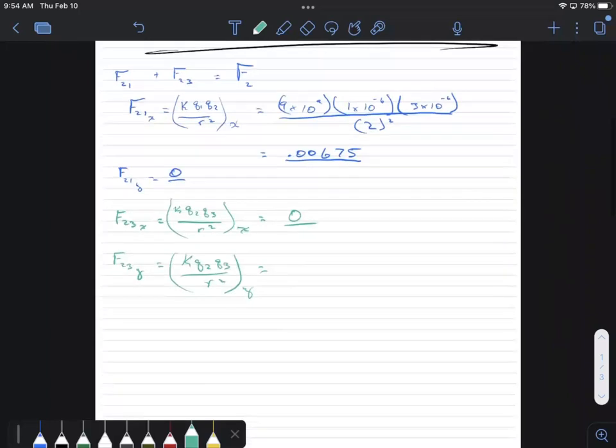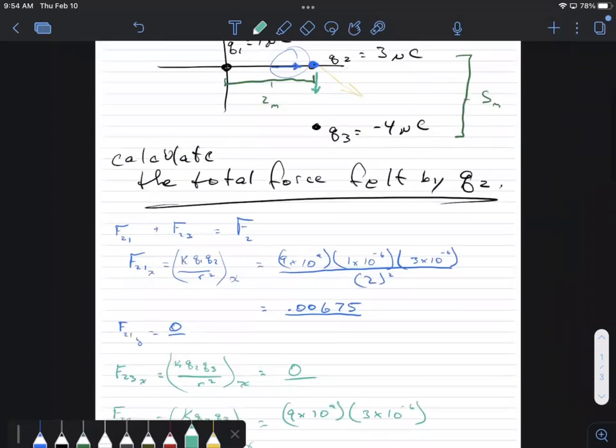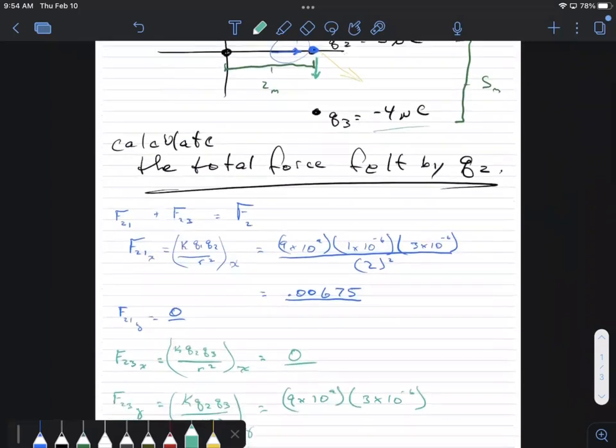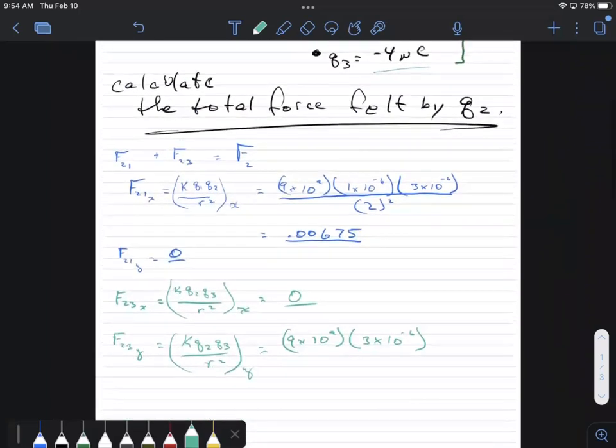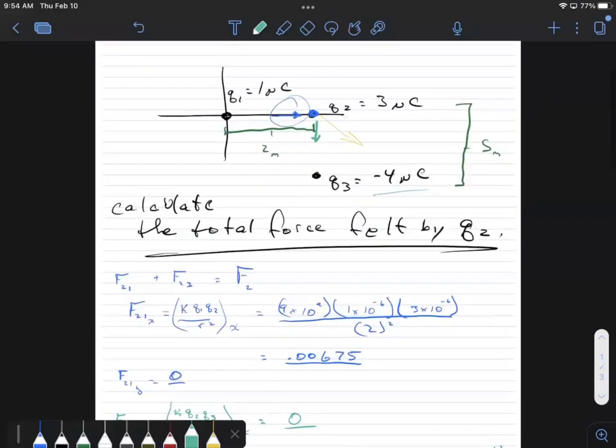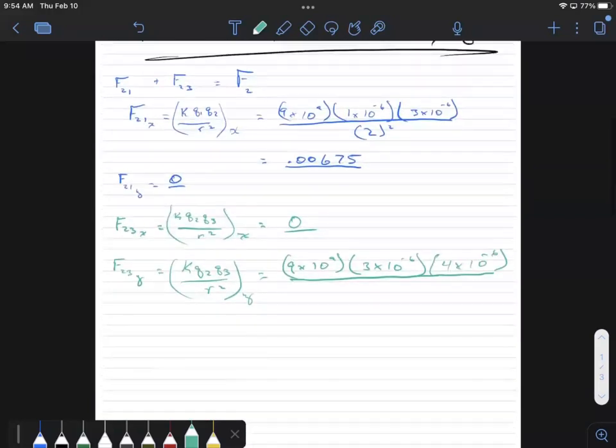We say K, that's 9 times 10 to the 9, times Q2, that was 3 times 10 to the minus 6, times Q3, well, Q3 is minus 4 microcoulombs. But remember, when I plug all the charges in, I always plug them in as positive. So it's just 4 times 10 to the minus 6, not negative 4. All divided by the distance between charge 2 and charge 3, which is given as 5 meters. So it's 5 squared.